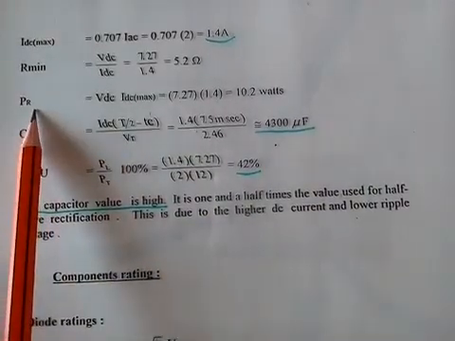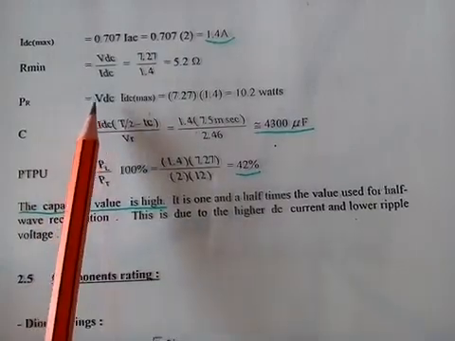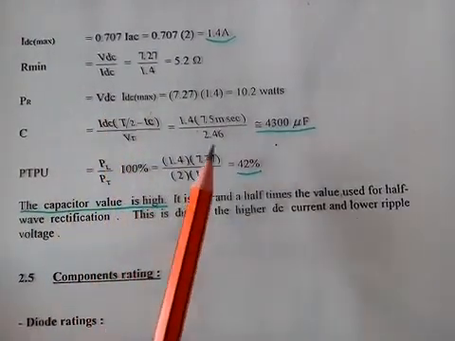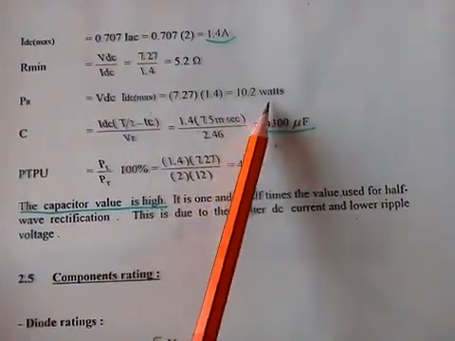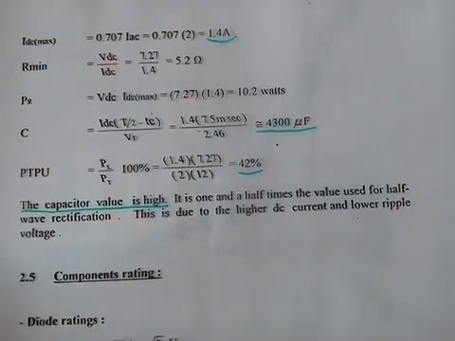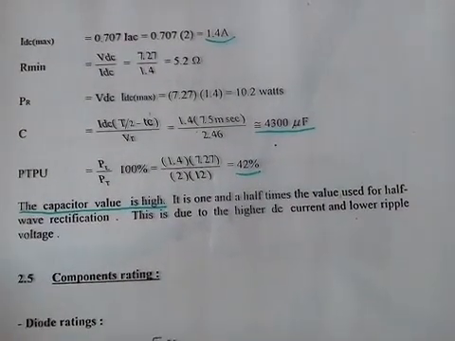The power across the load, multiplying the VDC with the IDC max, will give us 10.2 watts. That's the maximum power across the load.